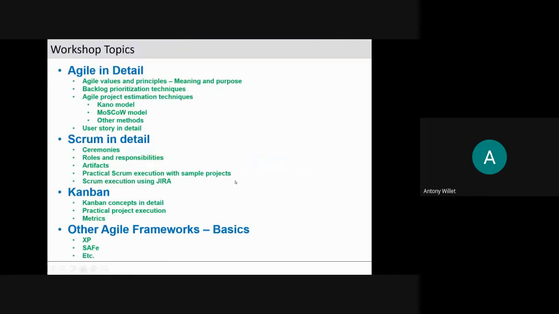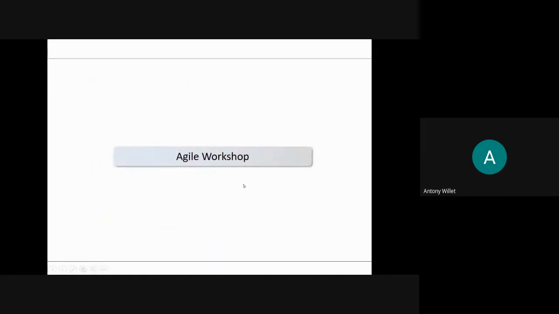Right. So this is still basics is what we have covered. As required, and as time permits, we can plan an Agile workshop. It can be a one day or 2 day workshop, where we can actually execute a project using Scrum or Kanban.